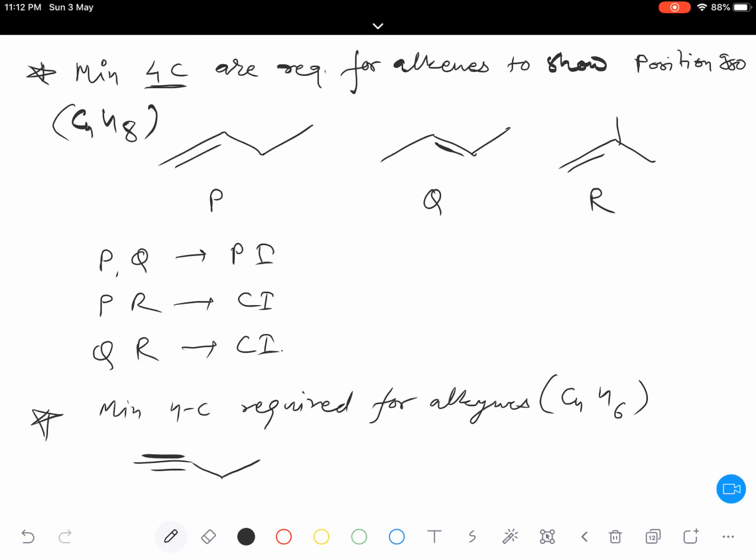And also we can write as 1 2 3 4, 1 2 3 4, okay? So that will be the type of position isomers which can be formed from 4 carbons, for alkynes.